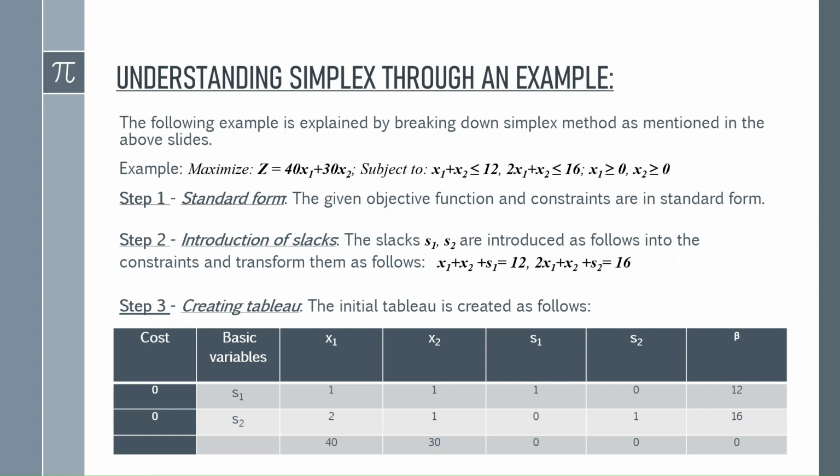Step 2. Introduction of slack variables. The slacks S1 and S2 are introduced as follows into the constraints and transform them as x1 plus x2 plus s1 equal to 12 and 2x1 plus x2 plus s2 equal to 60. Please note that s1 and s2 are greater than or equal to 0 here. Step 3.